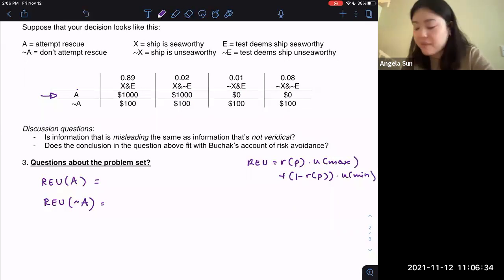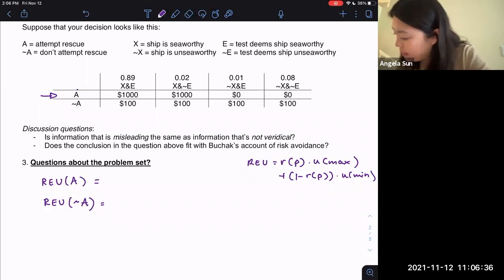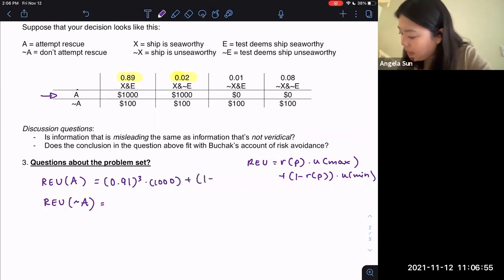So we're just going to plug our values into that. R of P, which is the probability of the max, is 0.89 plus 0.02. So we're going to have 0.91 cubed times U max, which is 1,000, plus 1 minus R of P, which is 0.91 cubed times U min, which is 0.